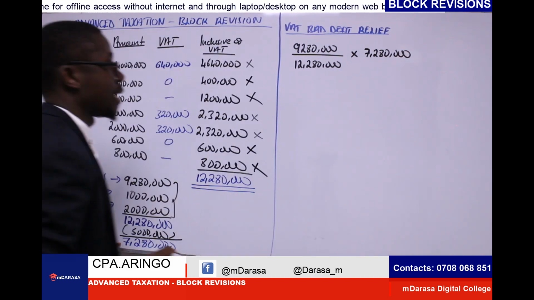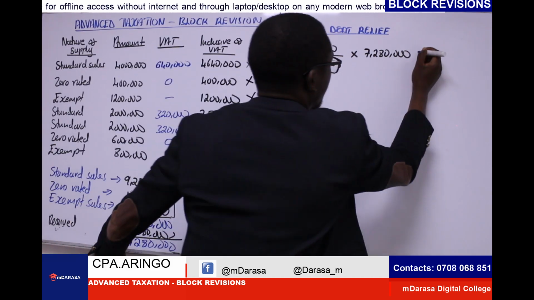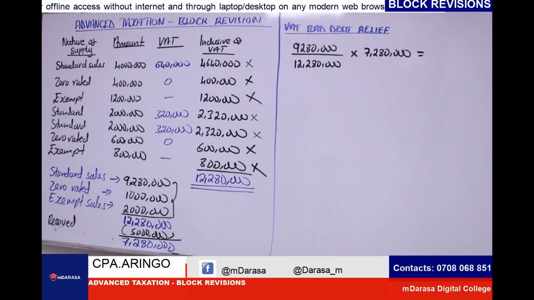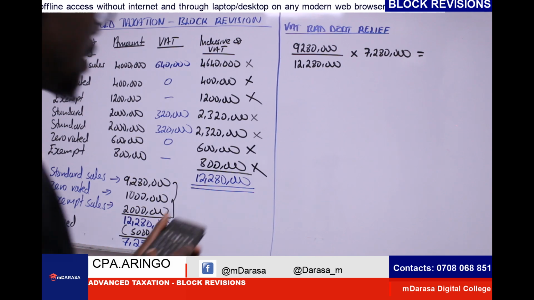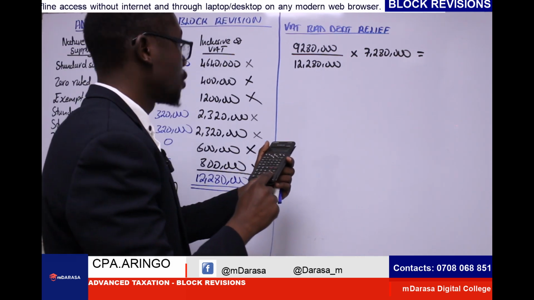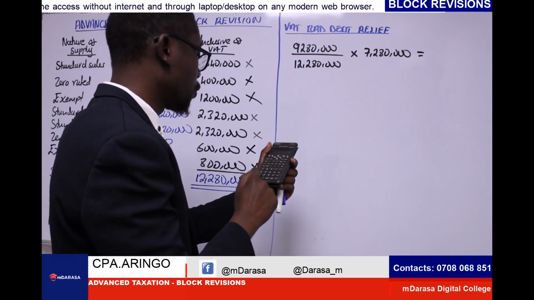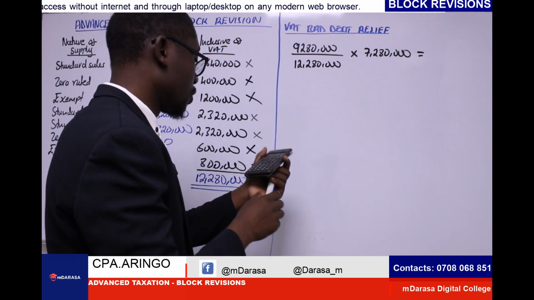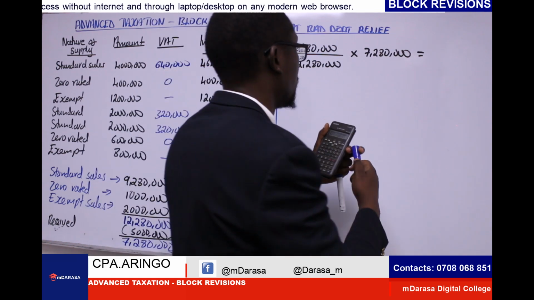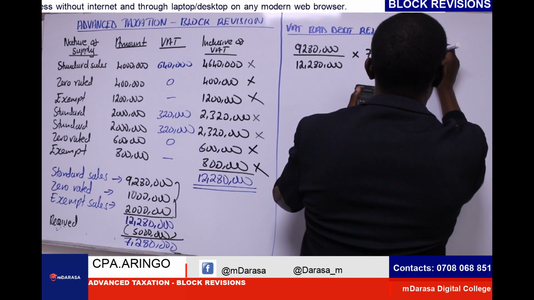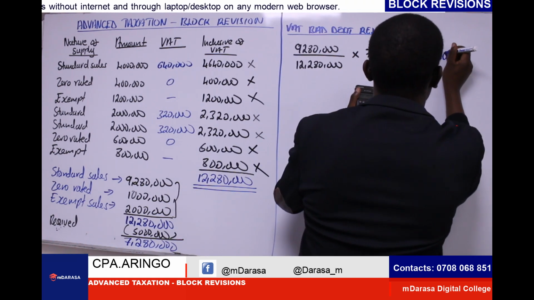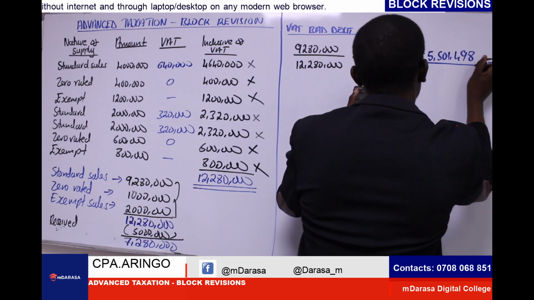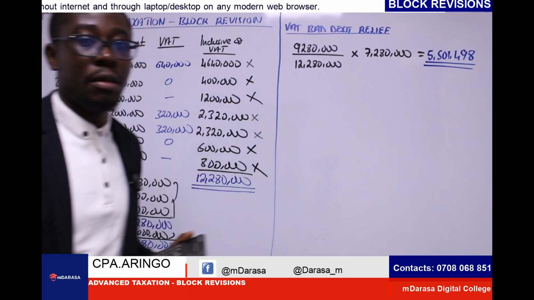So the proportion of the standard that had not been paid will be 9280 over 12280 times 7,280,000, having the value of 5,501,498. So this is the proportion of the standard that had not yet been paid.